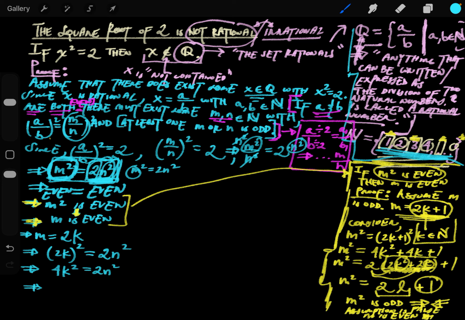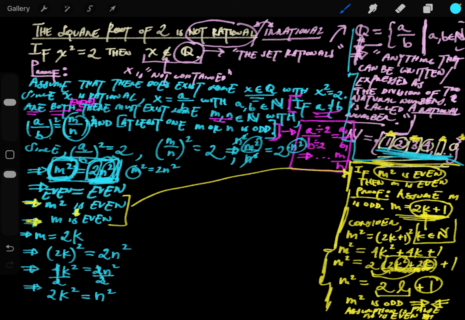These are all natural numbers that I'm dealing with. k is a natural number, n is a natural number, and if I divide by 2 on both sides, I get 2k squared, because 4 divided by 2 is just 2, and 2 divided by 2 is just 1, so I get equals n squared.